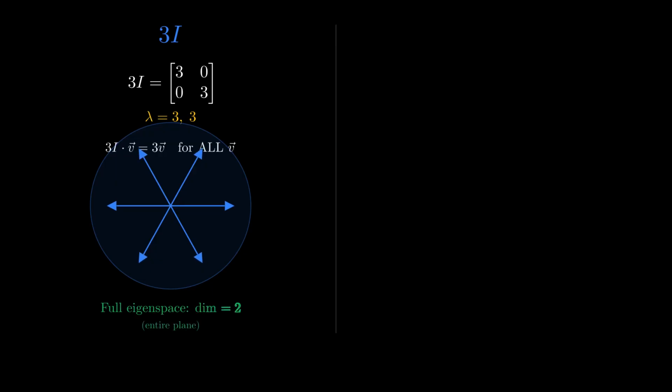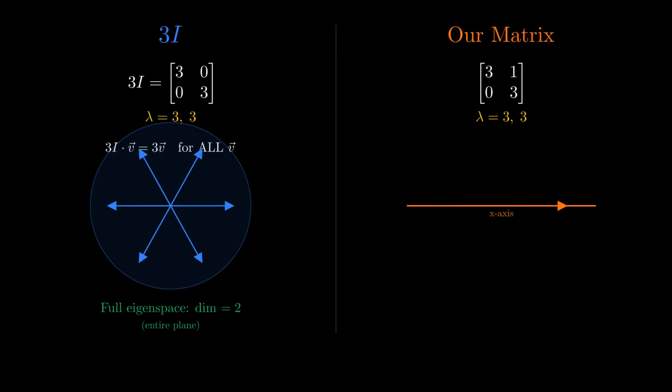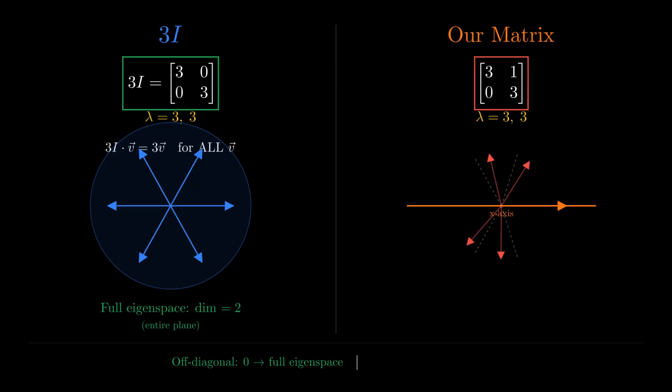The eigenspace fills the entire plane, giving us 2 independent eigenvectors, exactly as expected for a 2 by 2 matrix. Now look at the critical difference between these two matrices, the off-diagonal entry. When the off-diagonal entry is 0, as in 3I, we get a full eigenspace in the entire plane. When the off-diagonal entry is 1, as in our matrix, the eigenspace collapses to a single line, only the x-axis.